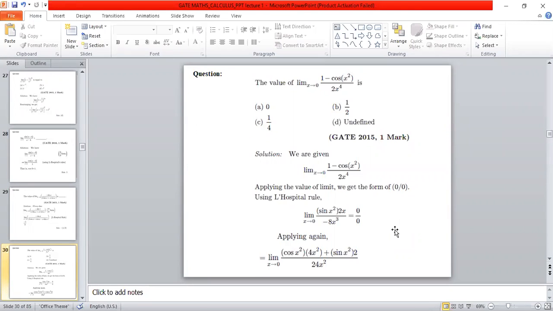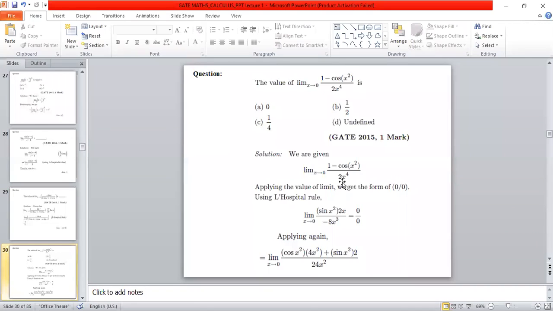Okay, we'll solve it. Let's see. We have to put limit as x tends to 0. So cos 0 will be 1. 1 minus 1, 0 upon 0. This is 0 by 0 form. And then we have to apply L'Hospital, that is, we have to take derivative. Derivative of 1 is 0 and derivative of cos is minus sin, so minus minus will be plus. So cos x square derivative is sin x square into 2x upon 8x cube. Then applying x is 0, we'll again get 0 by 0.